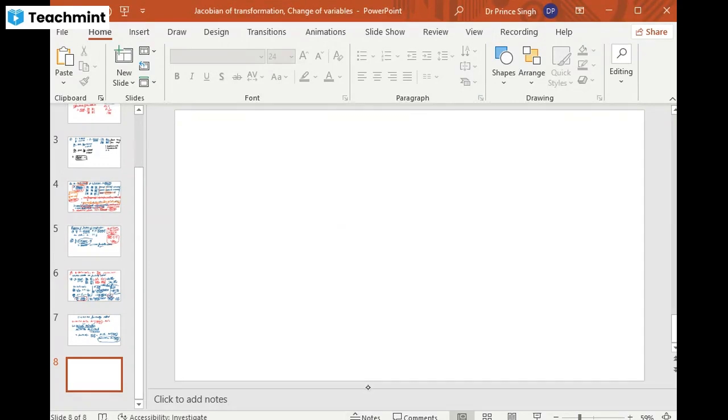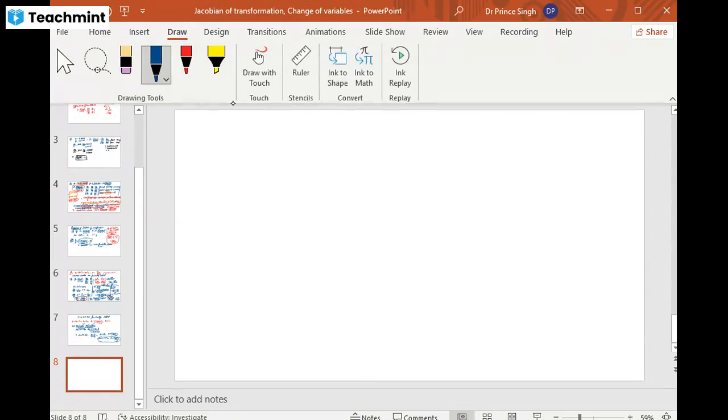Another form of problems is sometimes the question is asked like, if you remember in the chain rule we have discussed that if z is a function of x and y, and x and y are further functions of u and v, then z is also a function of u and v, right?